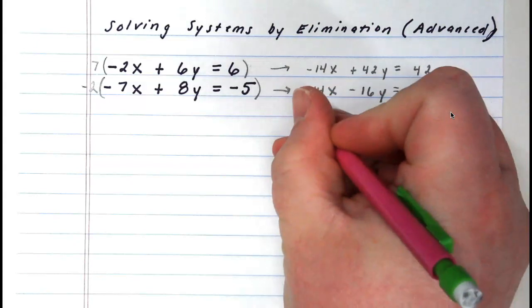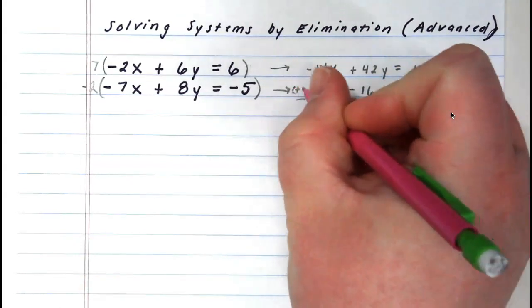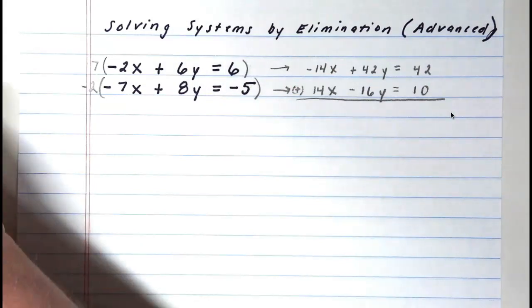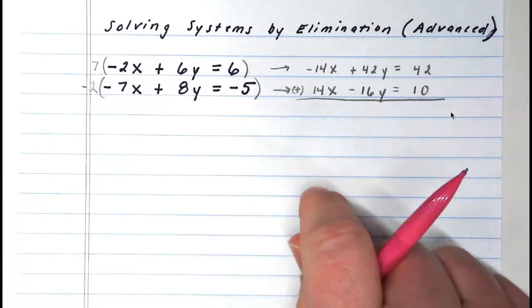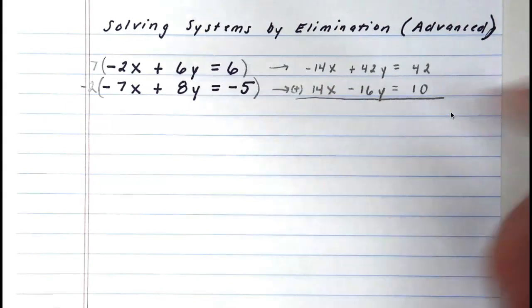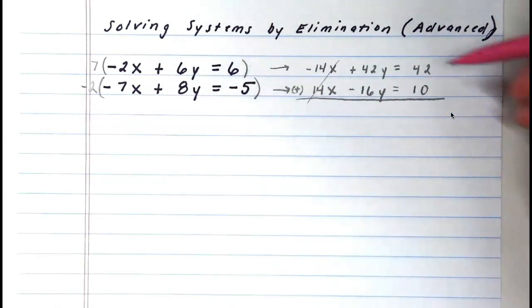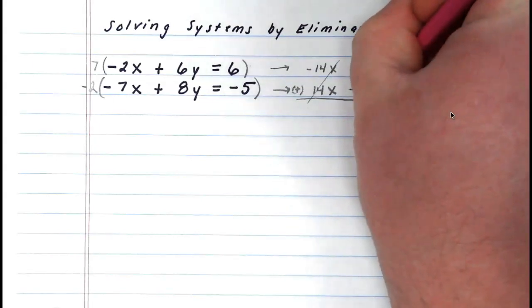So now we have our two equations, and we can add these two equations together to get one of the variables eliminated. If we look here, -14x plus 14x cancels. 42y plus -16y gets us 26y.